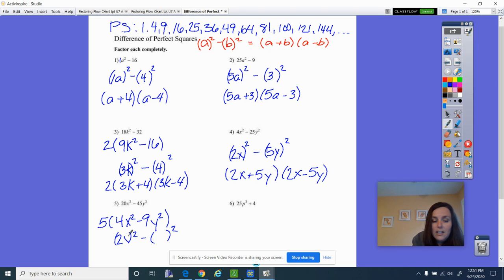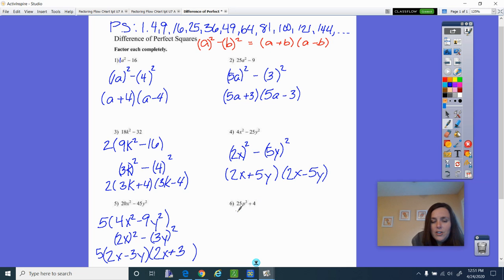Well, 2x times 2x. What squared is going to give me 9y squared? 3y times 3y. So I have 2x minus 3y times 2x plus 3y, and I have to drop down the 5. Oh, I need the plus sign here. And remember, it doesn't matter which one comes first, the plus or the minus.